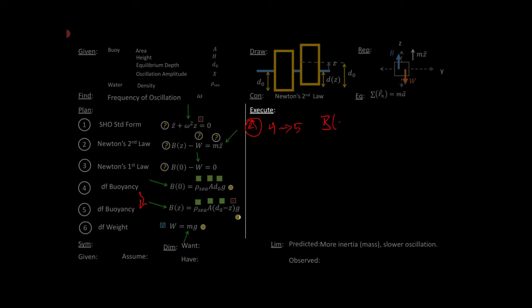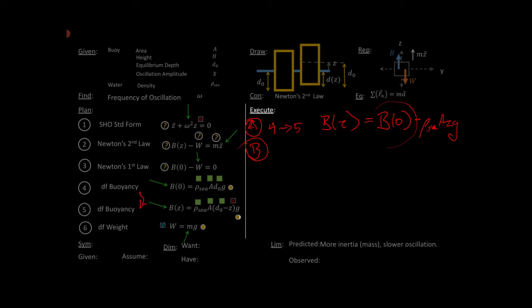So now we have BZ is equal to the equilibrium buoyancy minus the extraneous buoyancy, the extra buoyancy, or the loss of buoyancy, depending on which way Z is, due to the fact that we're off the equilibrium position. So BZ is changing, but it's changing around the equilibrium buoyancy, increasing and decreasing and stuff like that.